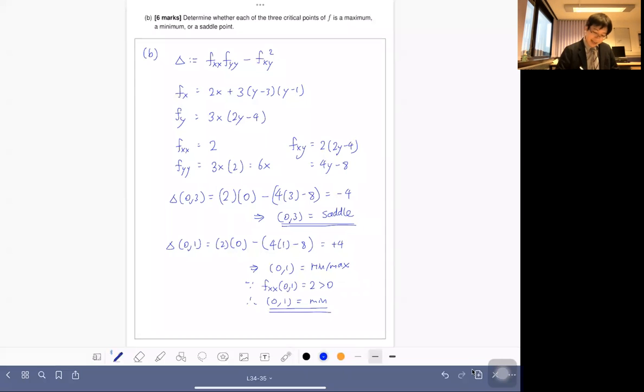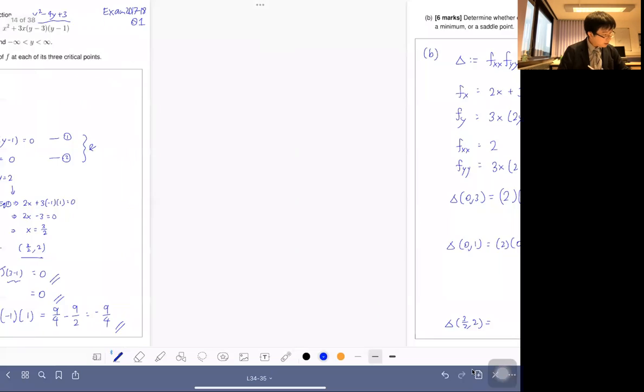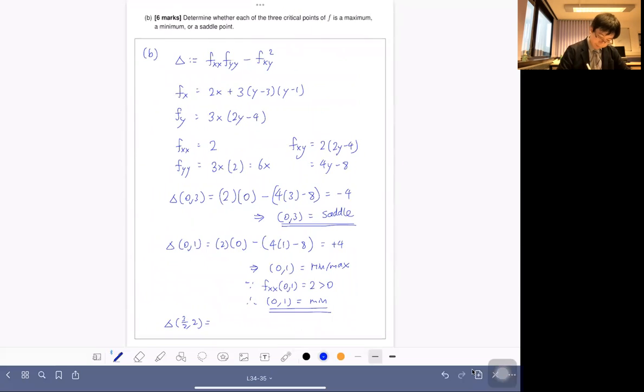Finally, we check 3 over 2 and 2. So we will have 2, that's fxx, and 6 times 3 over 2, that's fyy, minus 4y minus 8, so that's 2 minus 8.